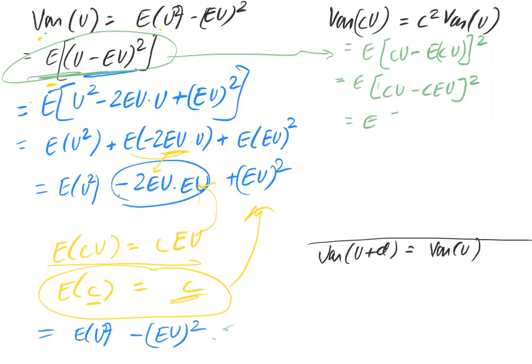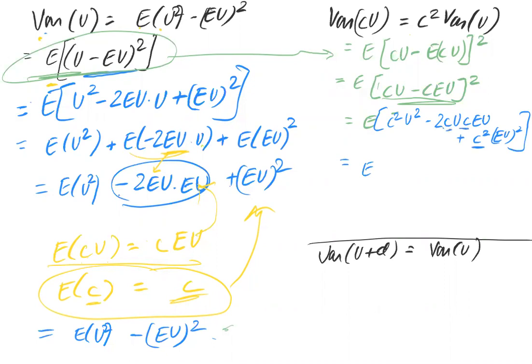So now I open this, I multiply, like I open this, so I should get c^2 U^2 minus 2cU times cU plus c^2 U^2. Okay, which will further be written down as E of, so here look at this, I have c^2 common, right?